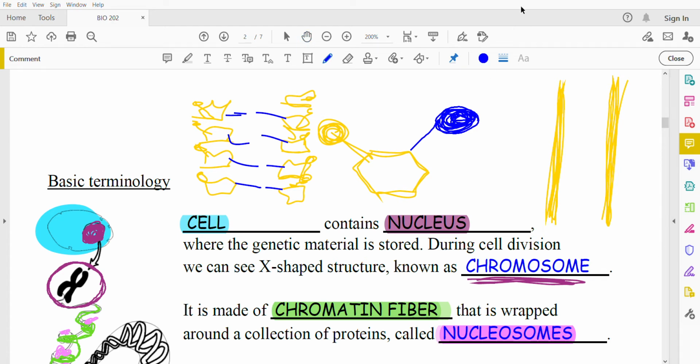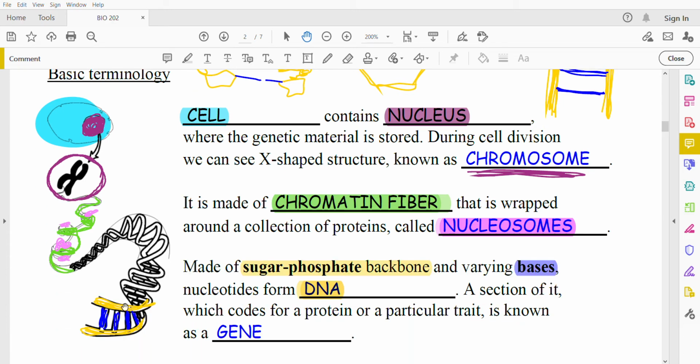In addition to that, we have these horizontal beams, which are actually made of two parts, each one connecting in the middle. These are our bases, and you remember it was the bases that varied. Then we take this ladder and twist it around itself. That gives us the appearance of a DNA that we're very used to seeing. That's what we think of when we think of what a DNA strand looks like.